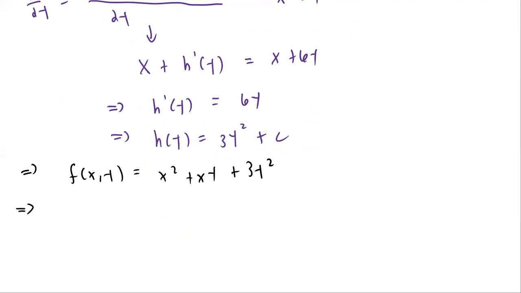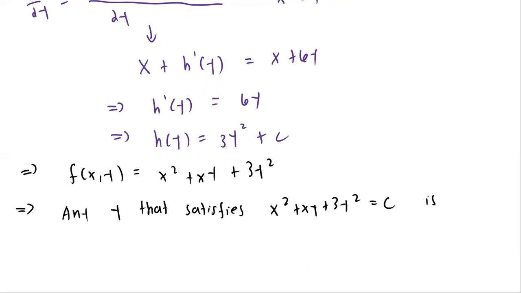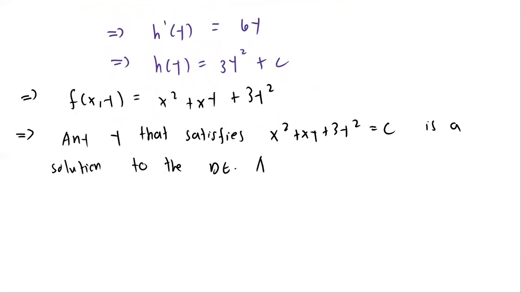You would write something like this. Any y that satisfies f of xy equals c, which in our case is x squared plus xy plus 3y squared equals c, is a solution to the differential equation. Another way you can write this is, let me just write it alternatively.